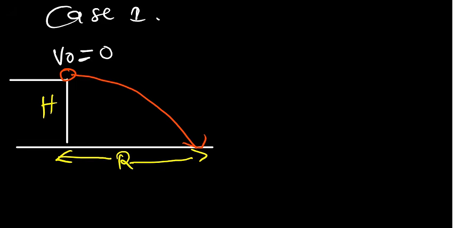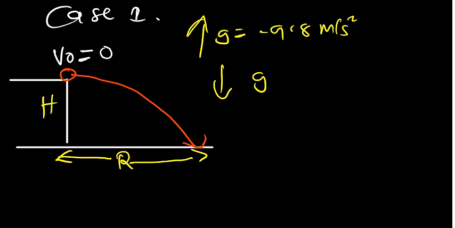Okay. Now, from here, what I want us to understand is that when an object is going up, the value of g is negative 9.8 meters per second squared. When an object is coming down, the value of g is positive 9.8 meters per second squared.